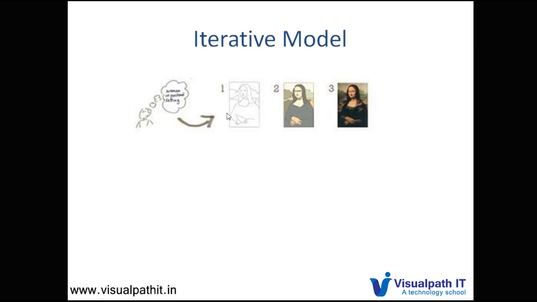As we are seeing this requirement, we have a requirement to oil paint this picture. So what we will do in the starting, we will give the skeleton only, we will get it approved, then we will go for the coloring and the final detailing.